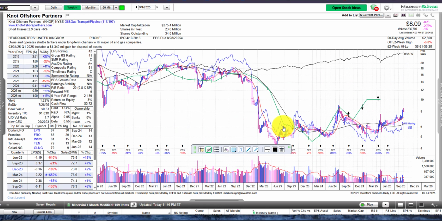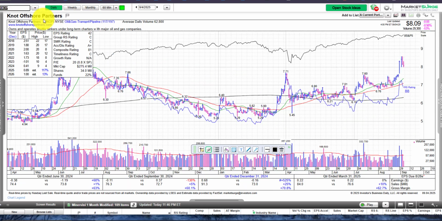KNOP, trying to move into stage 2 here. Out of stage 1. 1% dividend. Partners, I wonder if this is a limited partnership. I don't think it is, but I would want to check. Limited partnerships generate more tax forms at tax time, and I just don't want to deal with it.